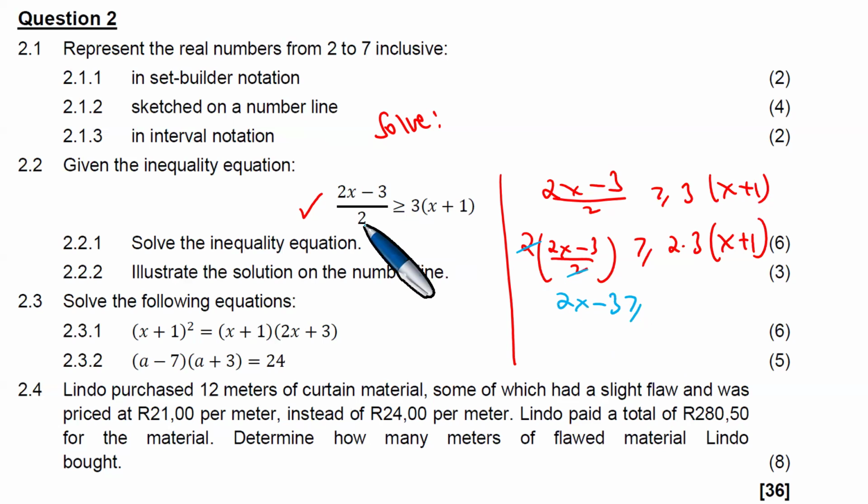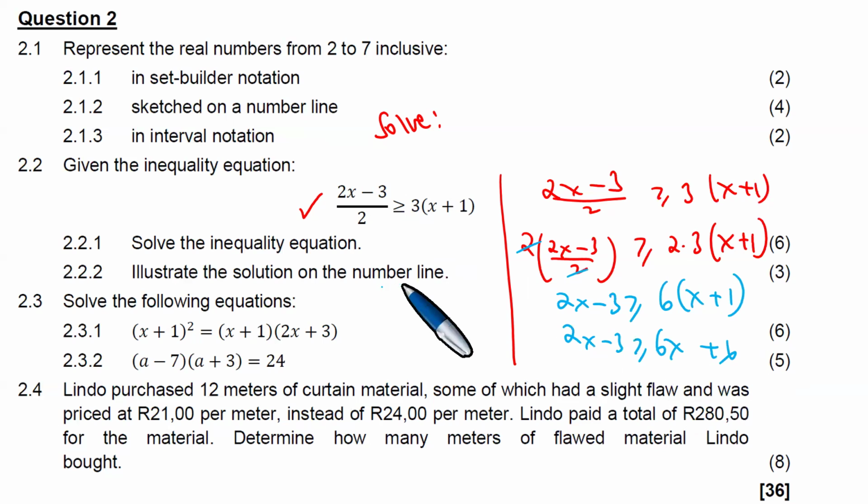The 2 is the lowest common denominator, and the 2 by 3 would give us a 6, x plus 1. At this point, we have 2x minus 3. Distribution allows us to obtain 6x plus 6. We proceed to the further left, and at this point you'll have 2x minus 6x greater or equal to 3 plus 6, getting minus 4x greater or equal to 9.